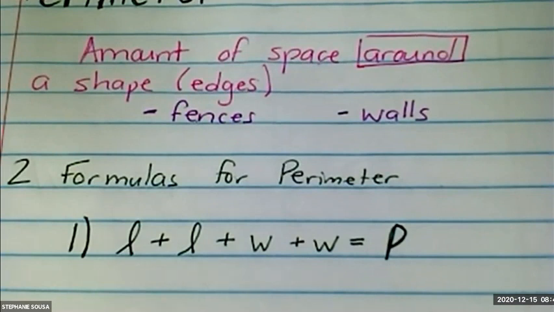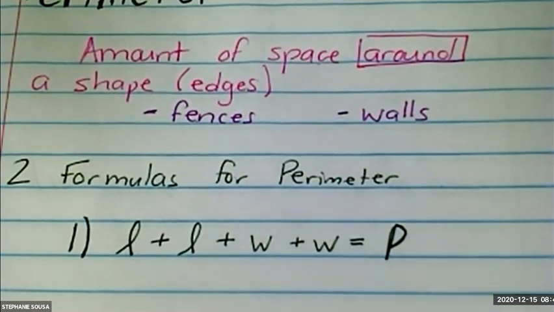Area is equal to L times W. In perimeter, we are adding all four sides, which is 2 lengths and 2 widths. This is the way that we will use most often in 3rd grade. Length plus length plus width plus width.